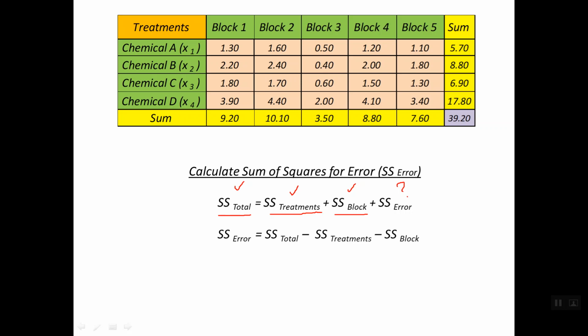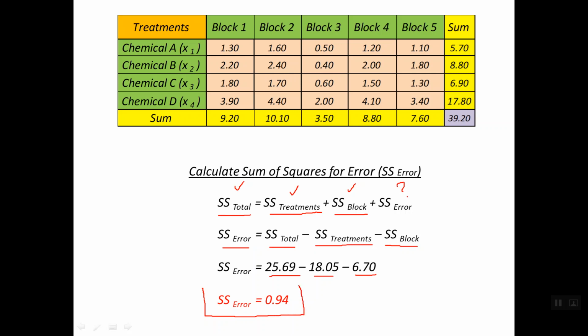So you can keep the SS error in one side and move the other values in the opposite side, so the sign will be opposite. So SS for the error is equal to the SS total minus SS treatments minus SS for the blocks. This is the SS total, this is the SS for the treatments, and this is the SS for the blocks. So the value of the SS for the error is 0.94.